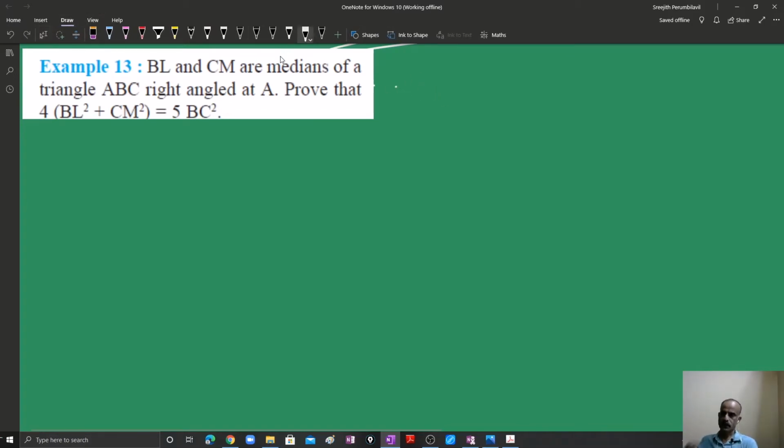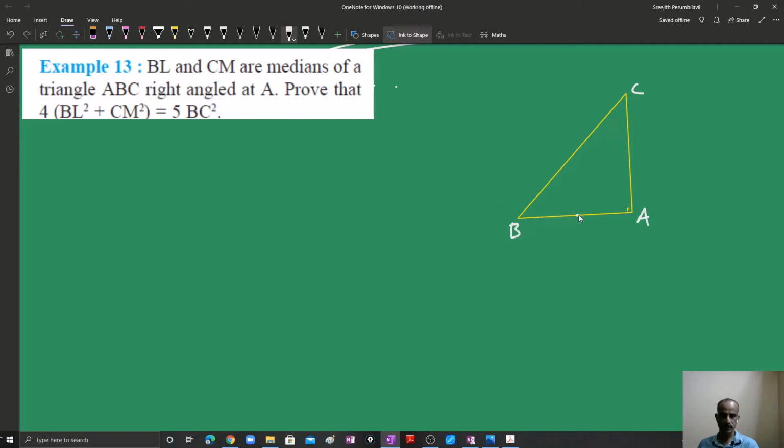So now, there is a right triangle ABC, right angled at A. BL and CM are medians.